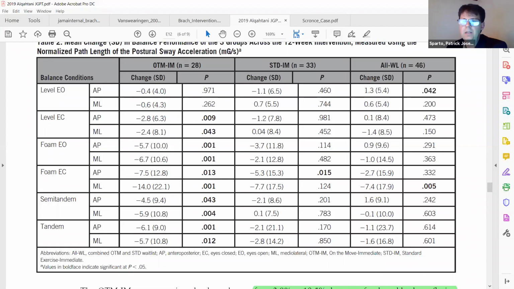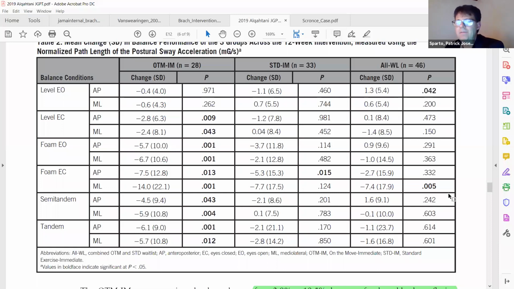And then finally, in the waitlist group, you can see here a couple more where they're positive. They're very small, so in effect we would say very little change. There was a significant change in anterior posterior sway during the level eyes open condition.